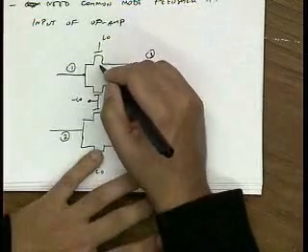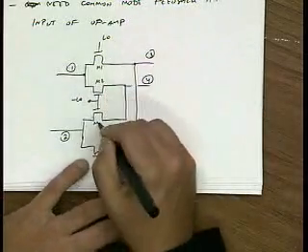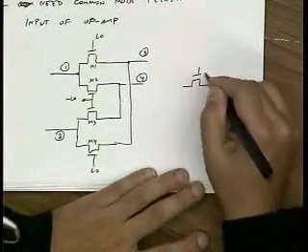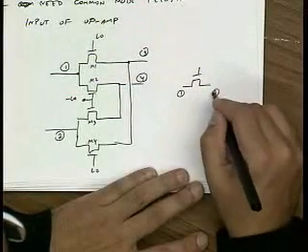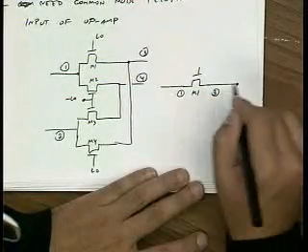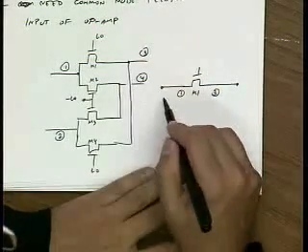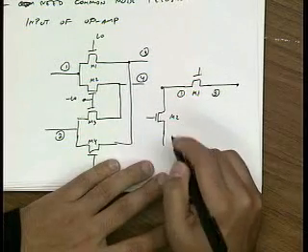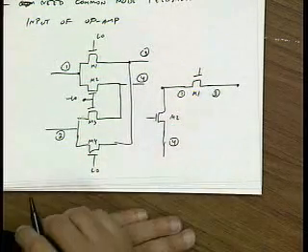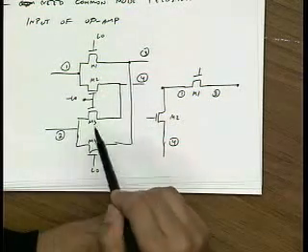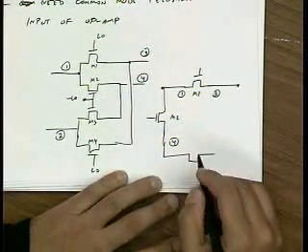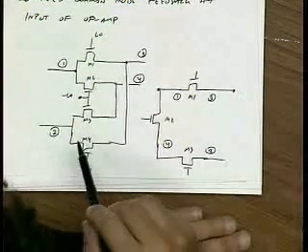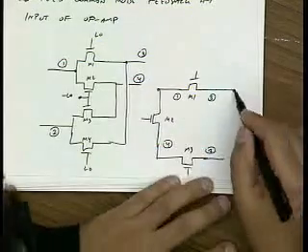Let's call this M1, M2, M3, M4. And so let me draw M1 here. M1 goes from node 1 to 3. M2 goes from node 1 to 4. So I'll draw that here. M3 goes from node 2 to 4. And finally, M4 goes from node 2 back to 3.